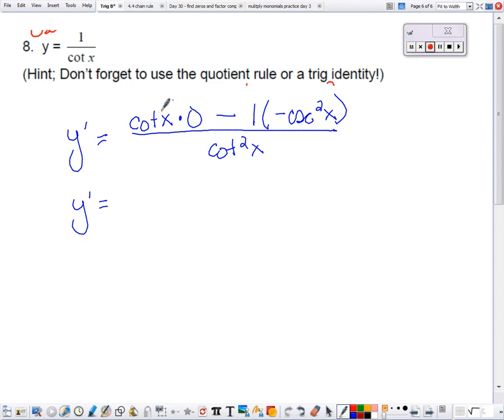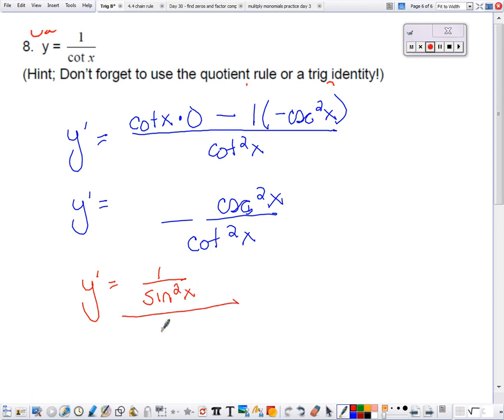This is 0. Negative times negative is positive. Well, I don't need to write this 0 plus. And I'm going to simplify this because I know it can be simplified. Cosecant squared I can write as 1 over sine squared.